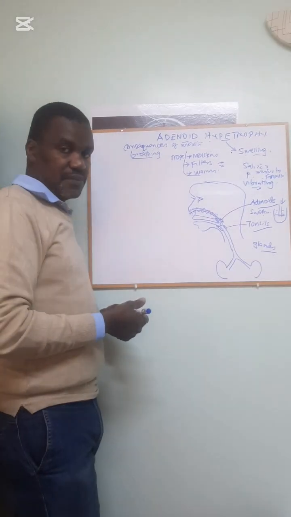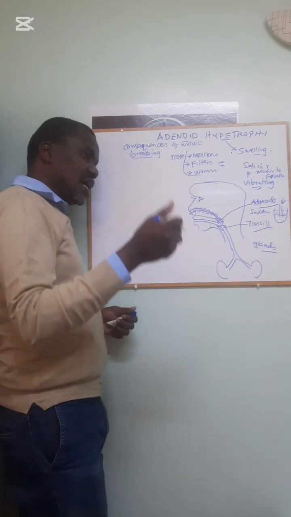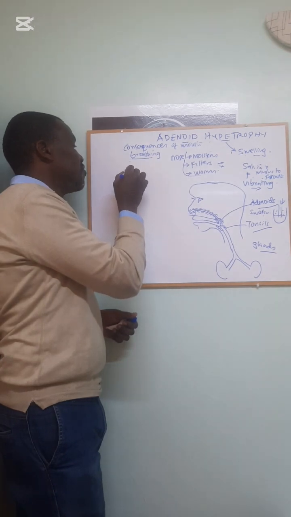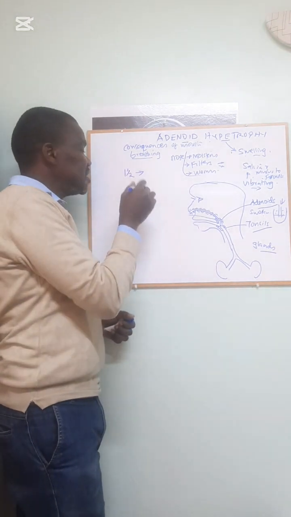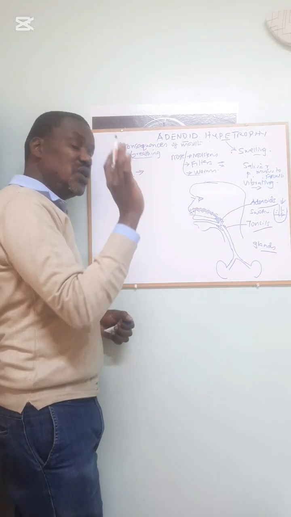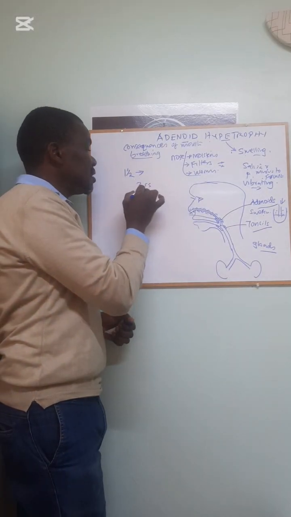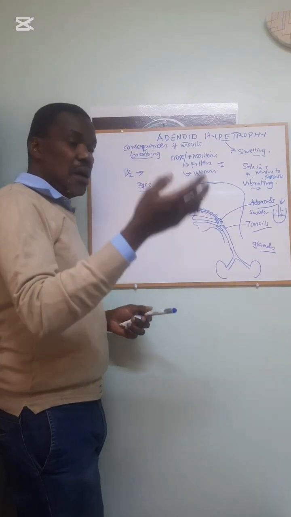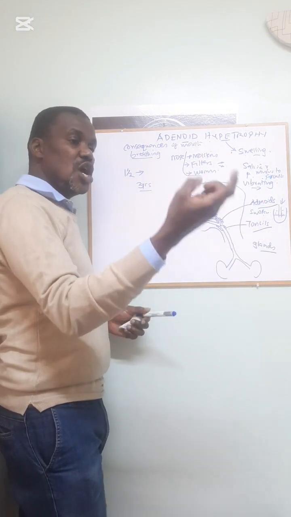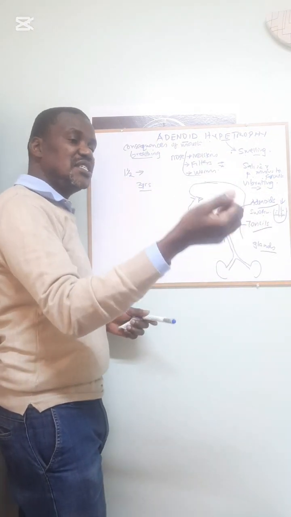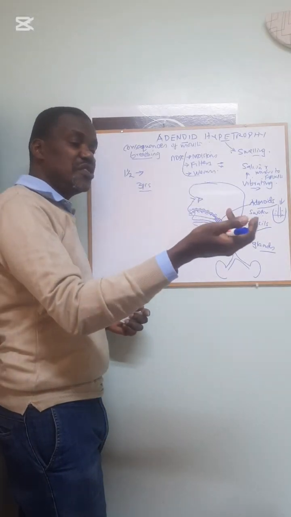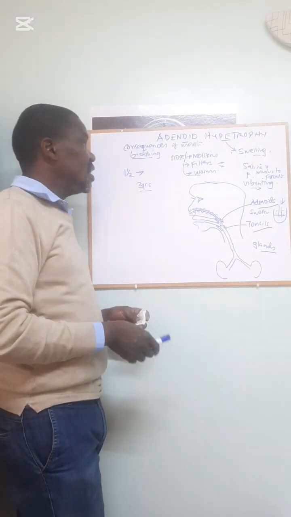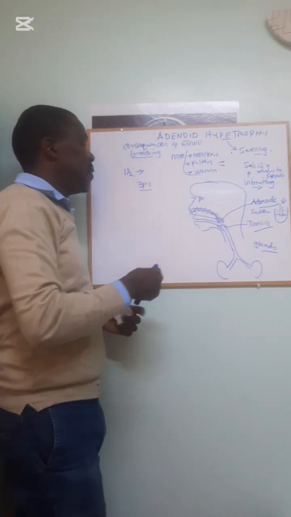So what are we saying? We are saying for any child between the ages of 1.5 onwards, especially in most cases, we see them at the age of about 3 years, when they have just started school, a child who comes with mouth breathing, blockage, noisy breathing, snoring at night, frothing, choosing to breathe through the mouth, waking up at night for lack of breath, that is a child who is suffering from adenoid hypertrophy.